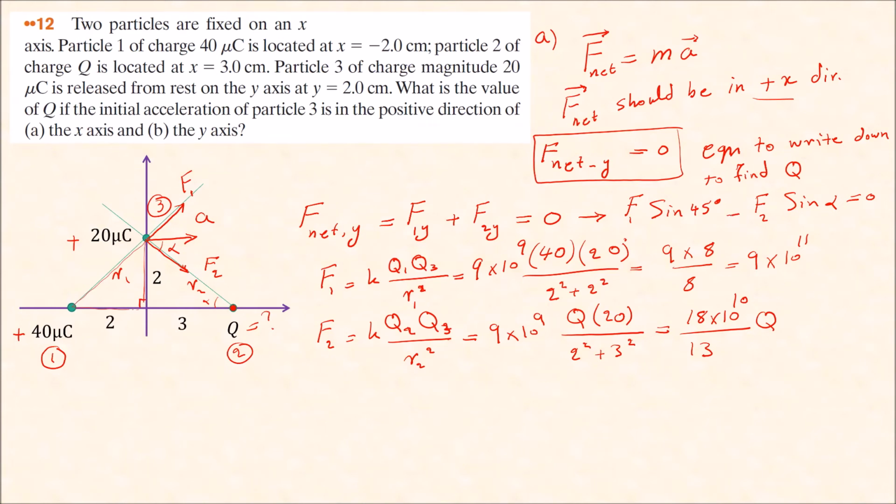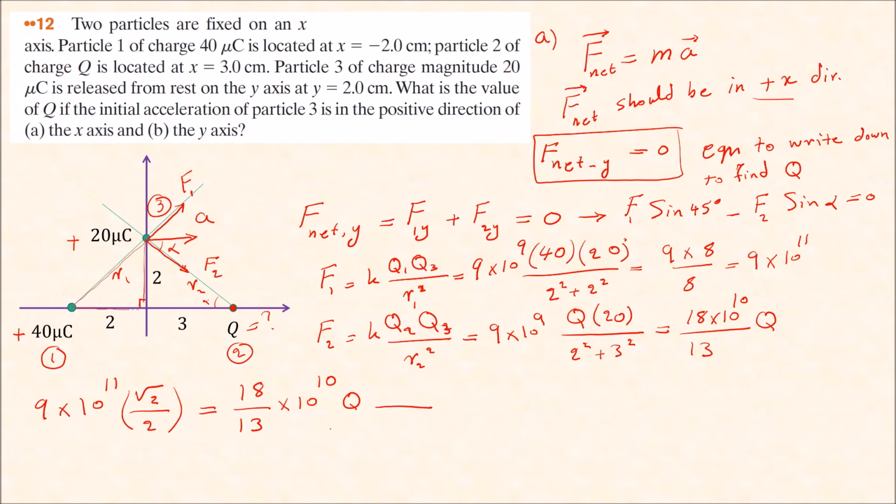All right, and then, so F1, now we have 9 times 10 to the 11, that's F1, as square root of 2 over 2, the sine of 45 degrees, should be equal to 18 over 13 times 10 to the 10 cube, that's F2, times sine of alpha.